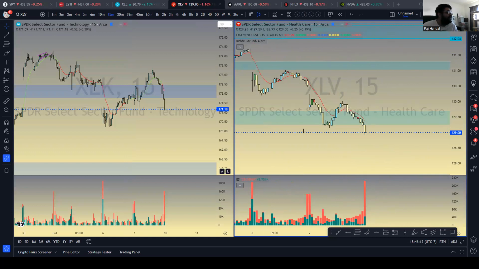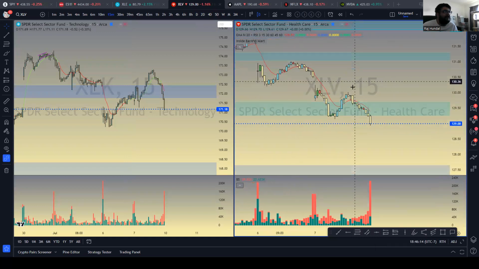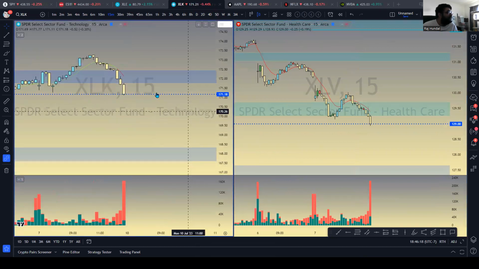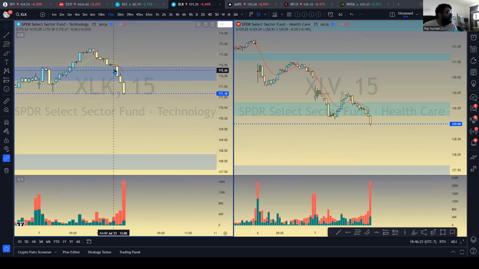MJ, this is also going to answer your question right here. Look at the entire market. Yeah, we were at resistance, but the entire market is still selling off. That's why it still didn't feel like chasing to me, because XLK technology was still selling off. XLV, just like the rest of the market, rallied all day and then started selling off.